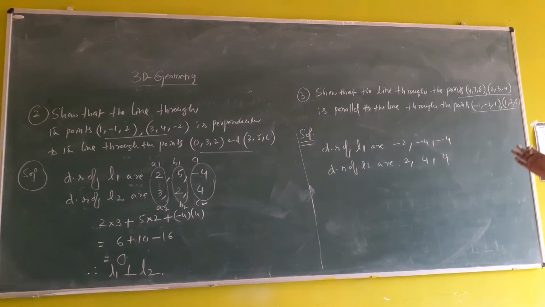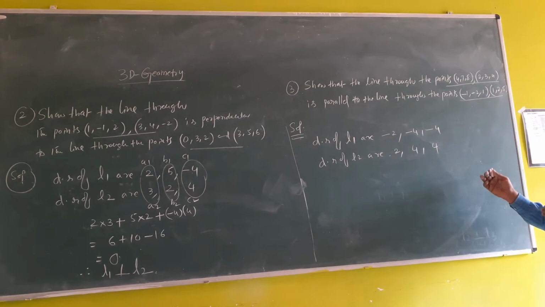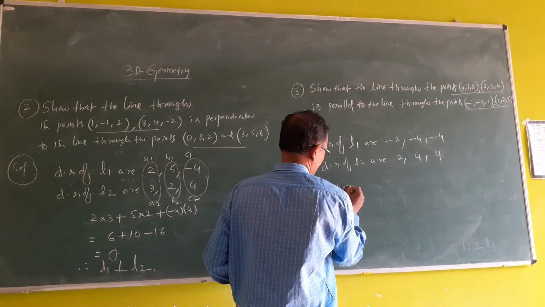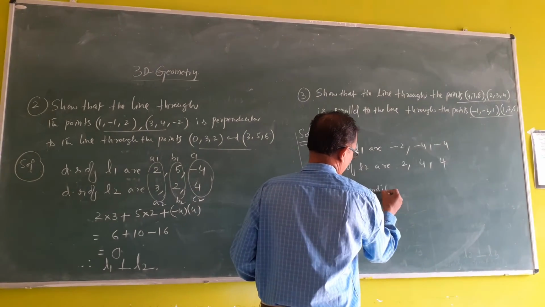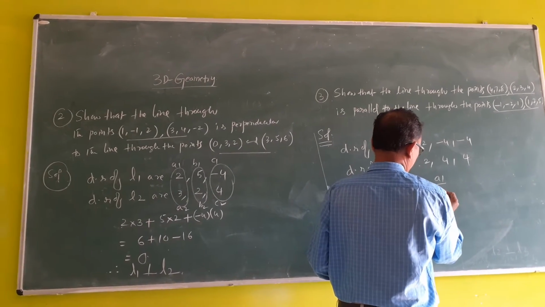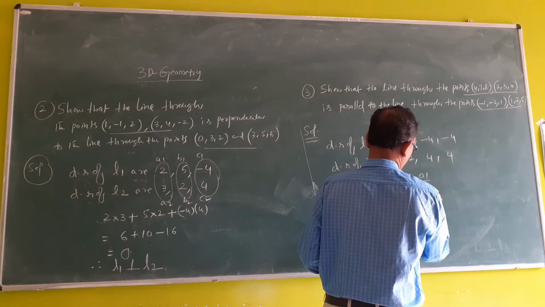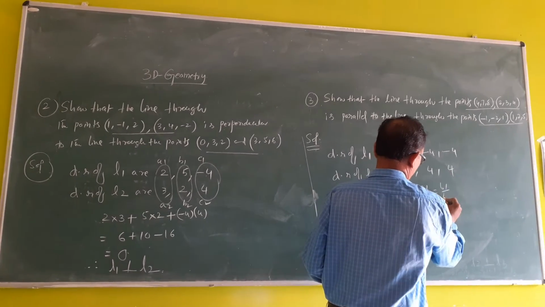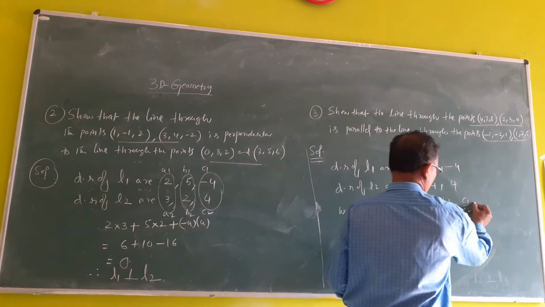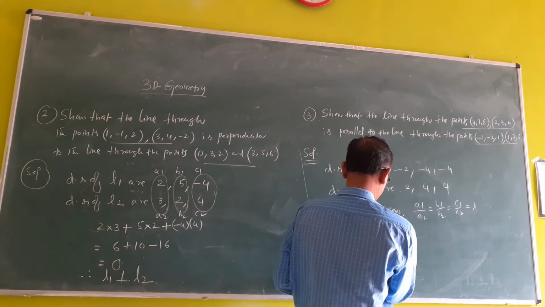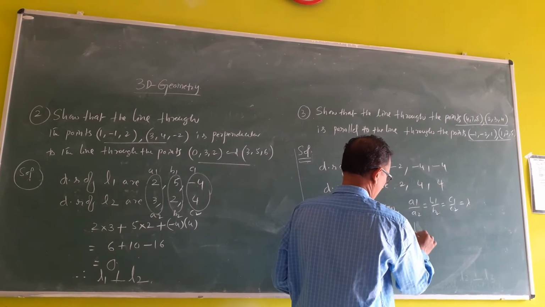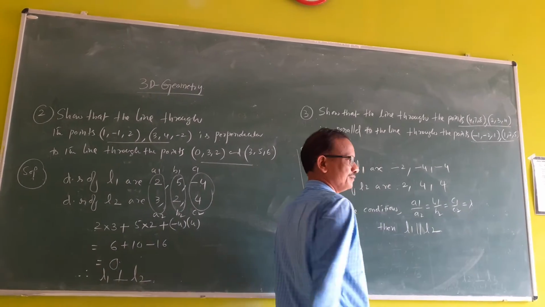Whether these are proportional or not, we have the condition: A1 by A2, B1 by B2, C1 by C2 equal to some number. Then line 1 is parallel to line 2.